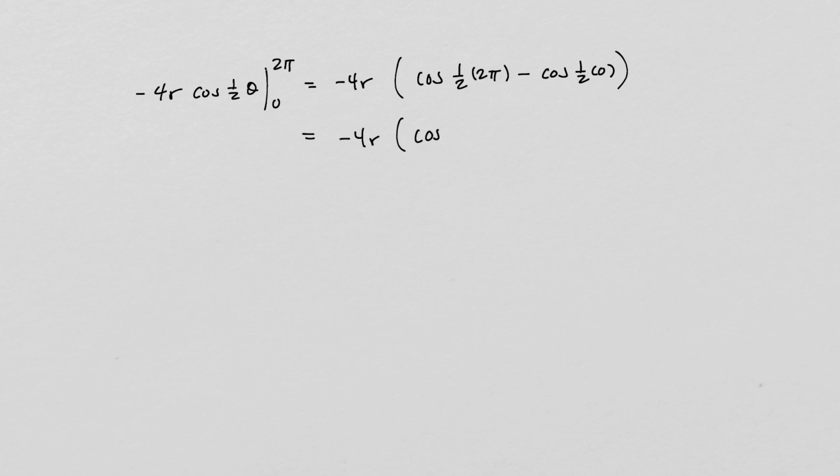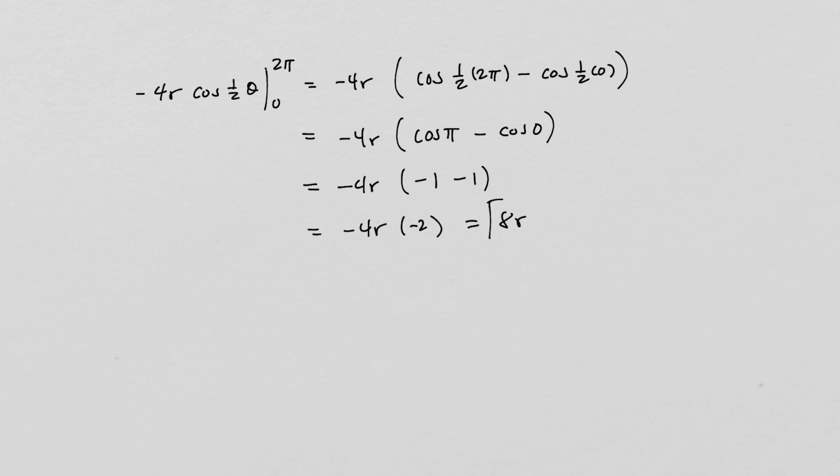And of course, this is equal to negative 4r times the cosine of 1/2 times 2 pi minus the cosine of 1/2 times 0. And this is negative 4r times the cosine of pi minus the cosine of 0. And this is negative 4r times negative 1 minus 1, or negative 4r times negative 2, which is 8r.